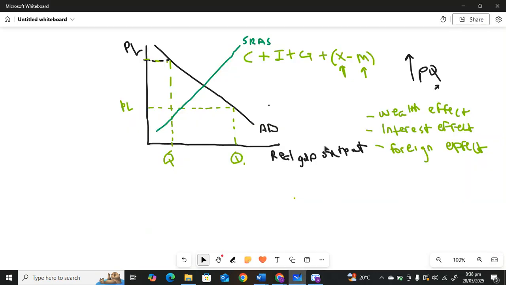Then we need to talk about the shifters of the short run aggregate supply. What is going to make cost of production lower for businesses? Okay, so you've got subsidies, you've got taxes, okay, corporate taxes, you've also got the taxes in terms of tariffs.